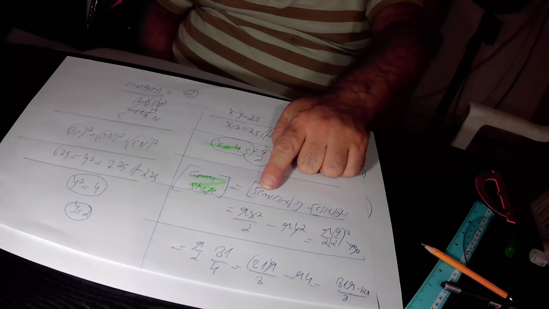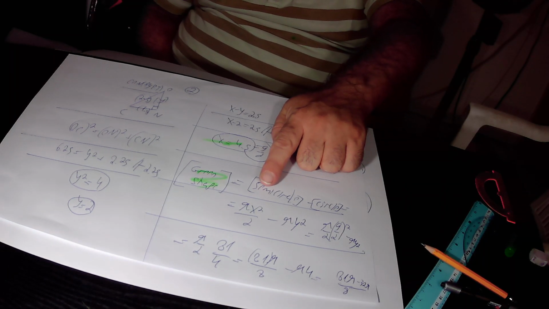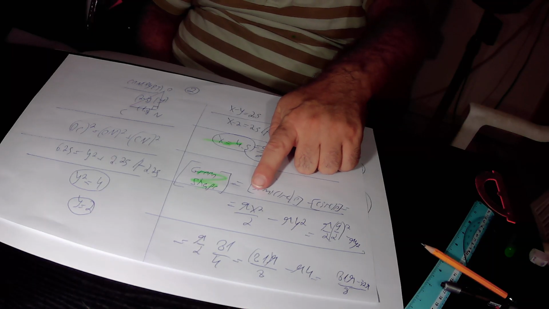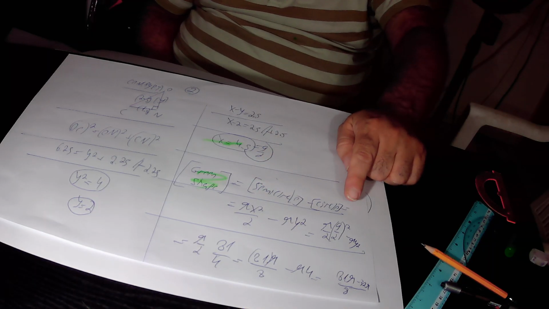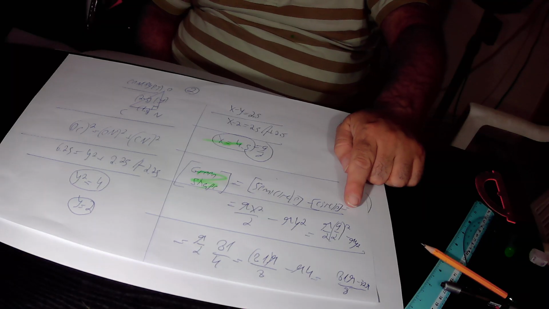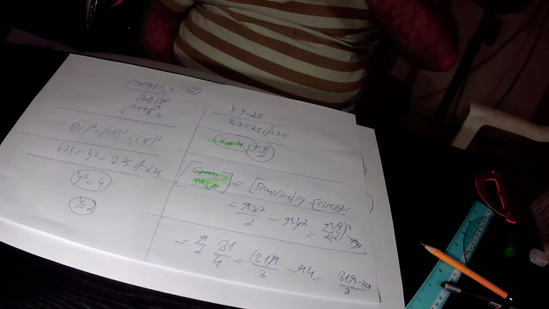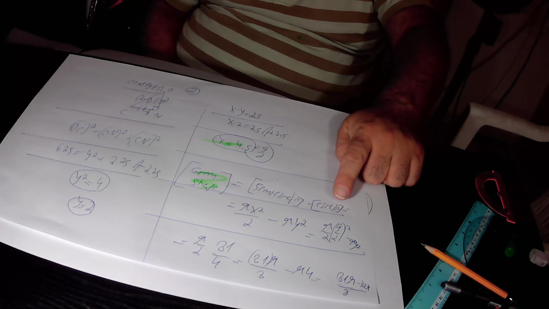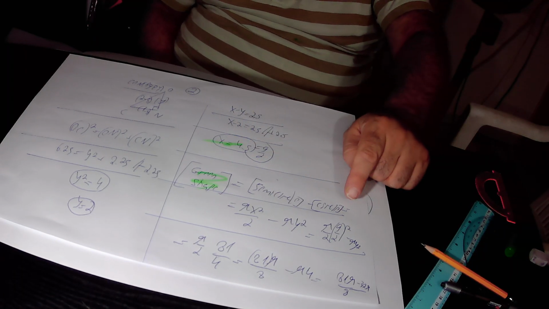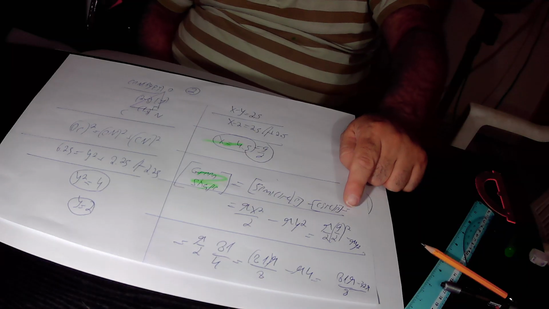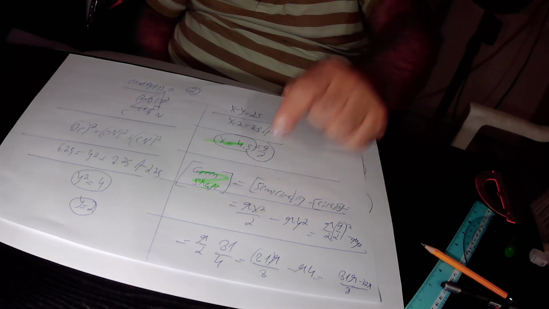X is 9 over 2, therefore x squared is 9 over 2 squared. So this expression equals pi over 2 times 9 over 2 squared minus pi y squared. 9 over 2 squared equals 9 squared, that is 81, over 2 squared, that is 4.